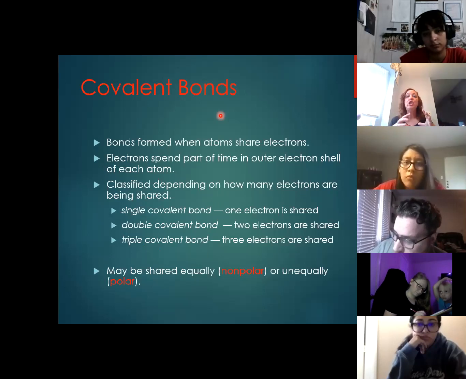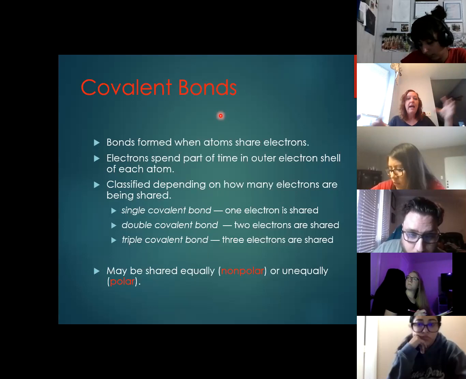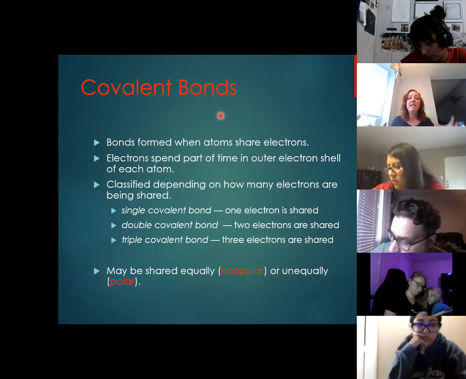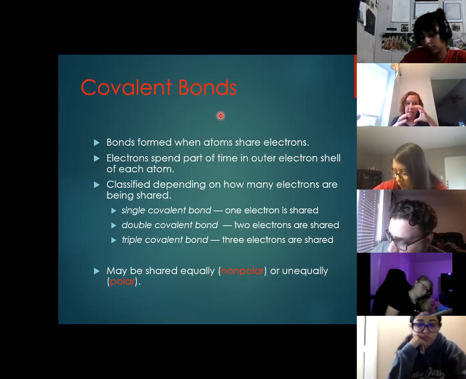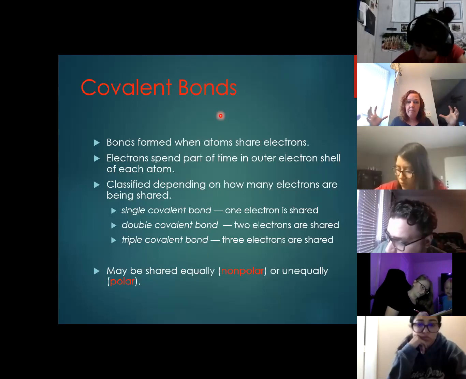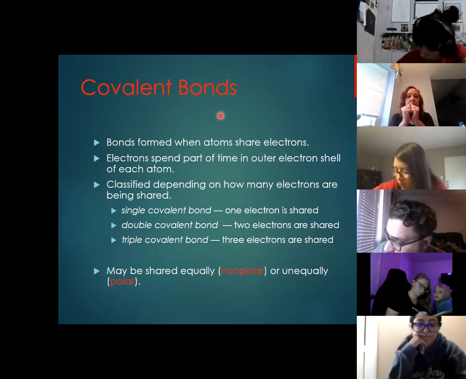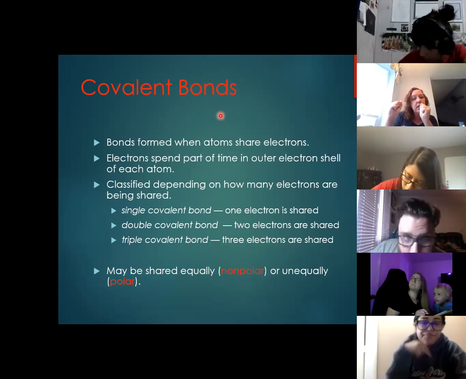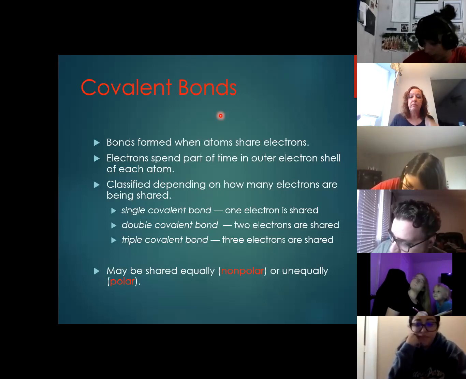And remember, we're sharing electrons and the electrons are in a cloud. So you can have them shared equally, meaning that both are benefiting the same amount. Or you can have one little atom just very loosely sharing, and that would be sharing unequally.